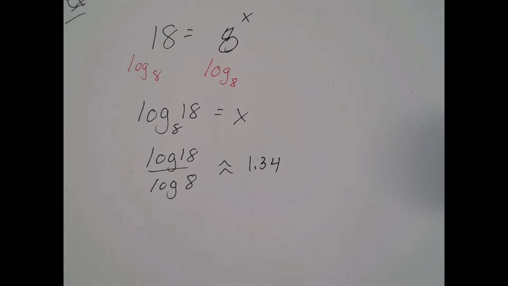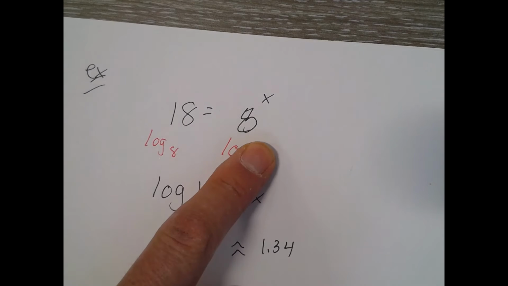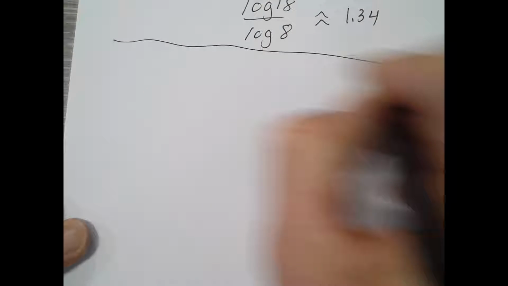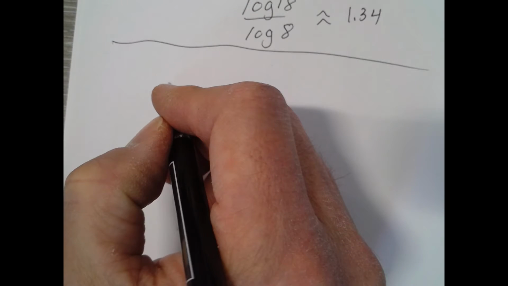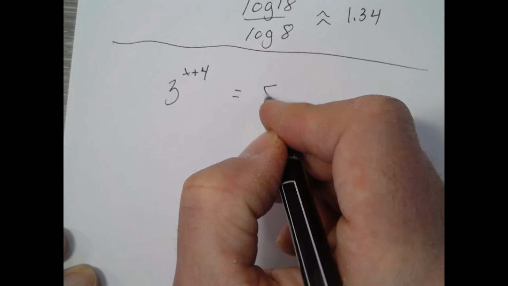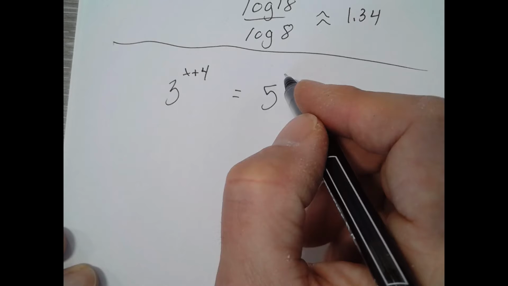Alright, so that one is just a number equal to an exponential. Sometimes you have an exponential equal to an exponential, and you can't write the bases the same. I'll just say to the 2x.